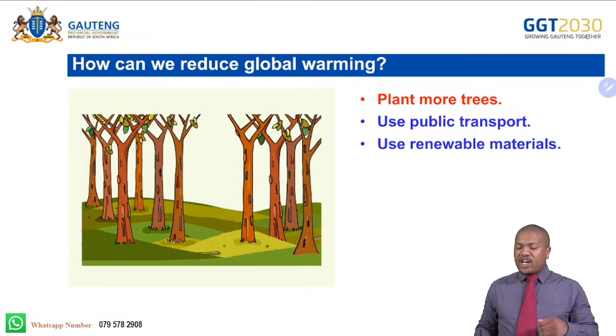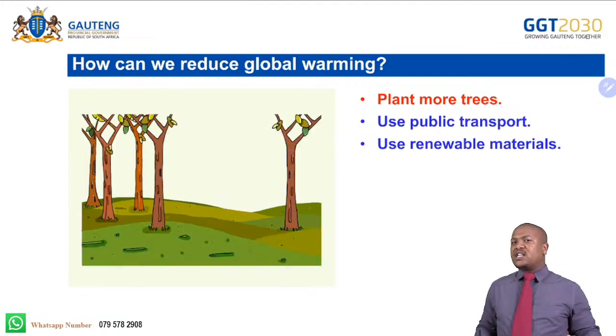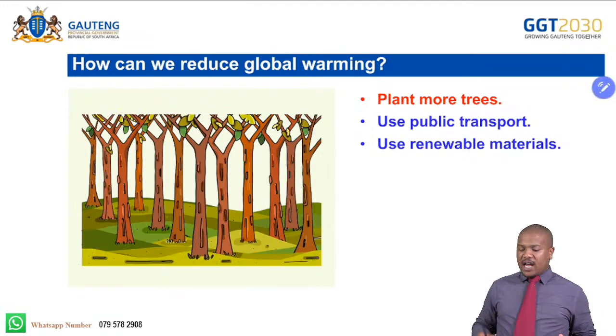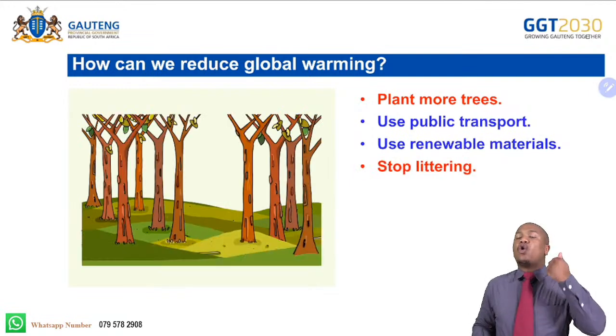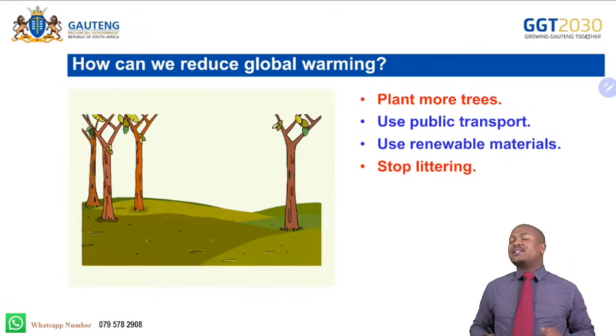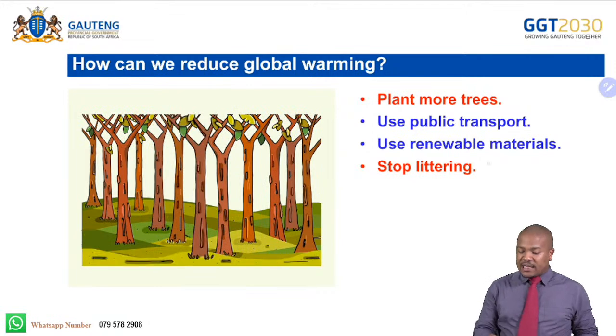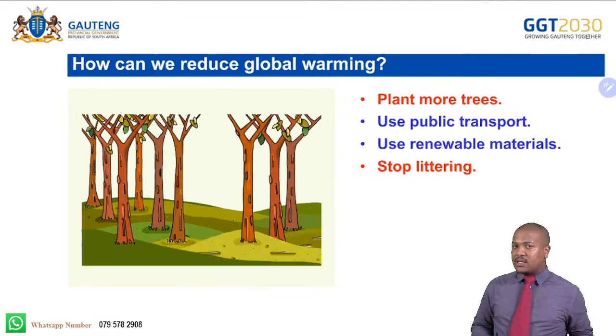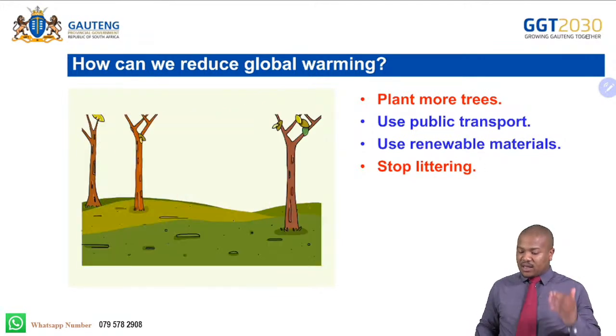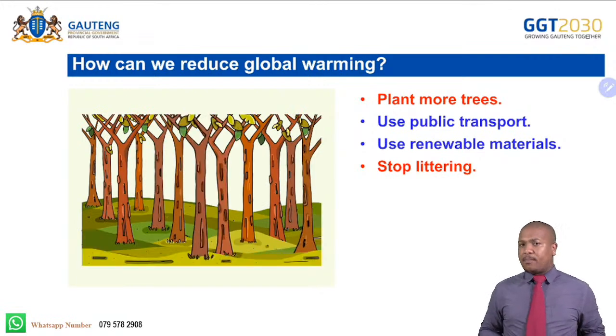And also, we can use renewable materials. We can recycle. And not only that, if we stop littering, right? So that we reduce the emission of these greenhouse gases, being carbon dioxide, methane, and water vapor, right?